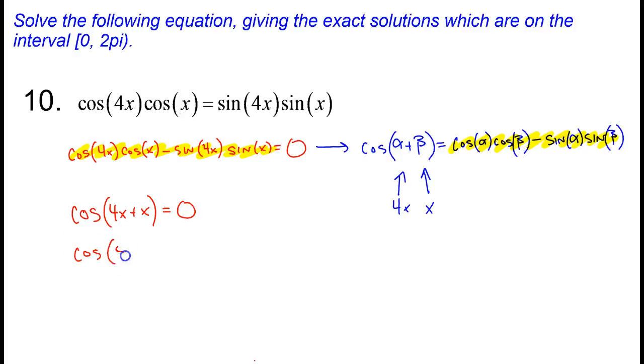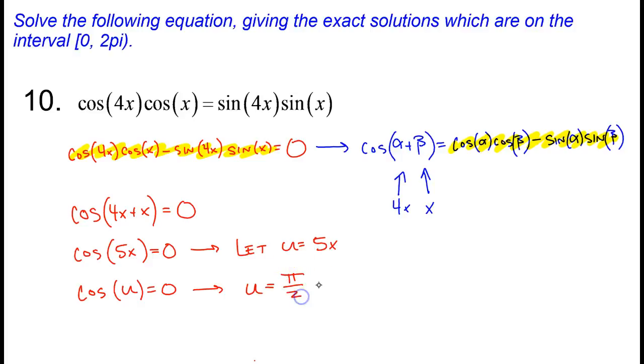That is cosine of 5x equals 0, and we're going to go ahead and use u substitution. We'll let u equal 5x. And then when we use that u substitution, we have cosine of u equals 0. We know that u has to be equal to pi over 2 plus pi k, because the cosine of pi over 2 and 3 pi over 2 are 0.